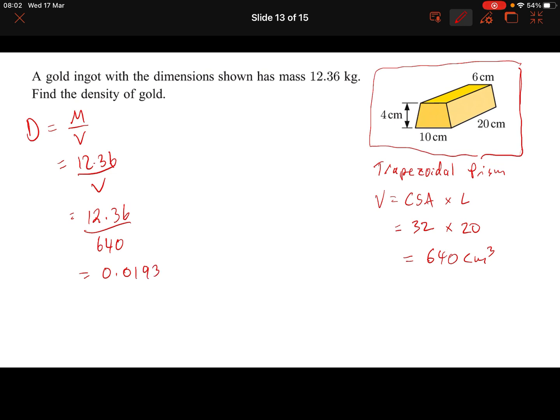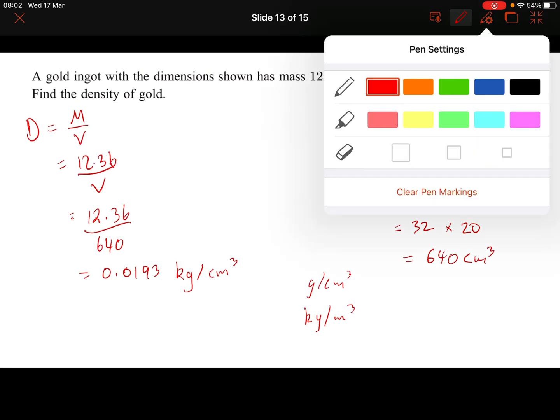But what's the unit of measure? Well, this would be kilograms per centimetre cubed. Now that is a silly unit of measure. Remember, it's either grams per centimetre cubed or kilograms per metre cubed. So that's not wrong, but we would never write our answer like that.